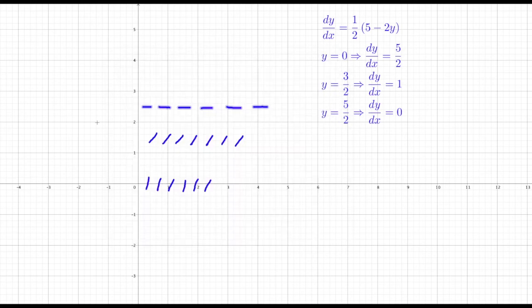Okay, so what that's telling us is that any solution to this, and there will be many solutions of course because it depends on the fixed point that we're given or some sort of condition. In this question of course we're told that it passes through the point 0, 1, so when x is 0, y is 1.